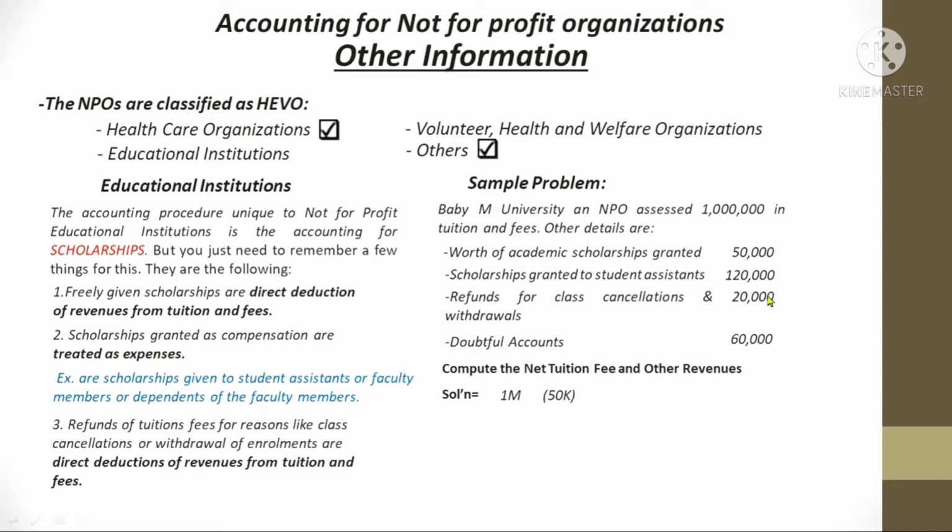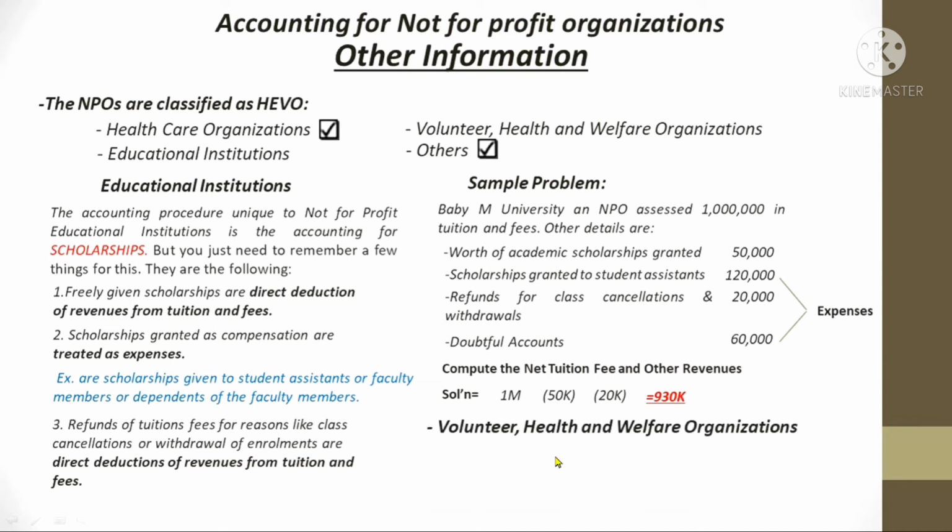The refunds for class cancellations and withdrawals will also be deducted because of number 3. And lastly, we have to ignore the 60,000 doubtful accounts because they are considered expenses and not deductions from the revenues. So these two are expenses, which is why they are ignored in getting the net tuition fee revenues. And that's it for unique accounting requirements for educational NPOs.